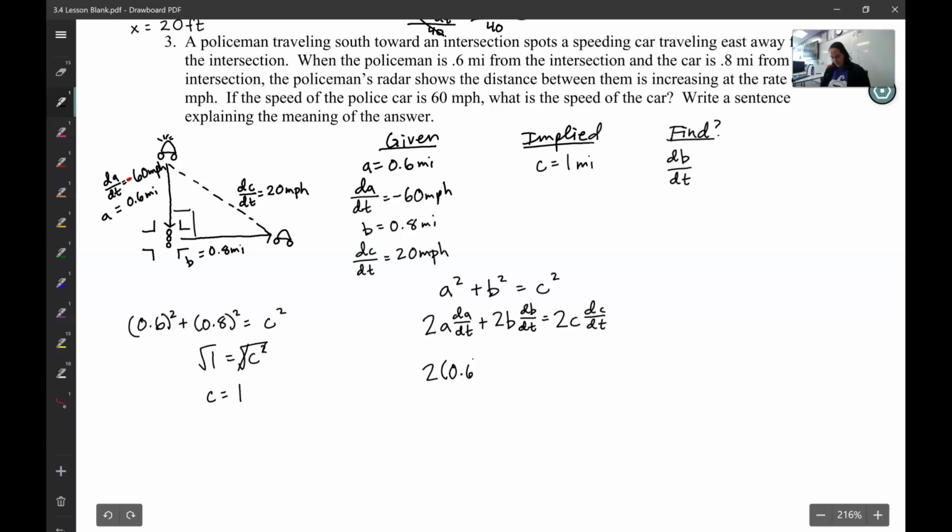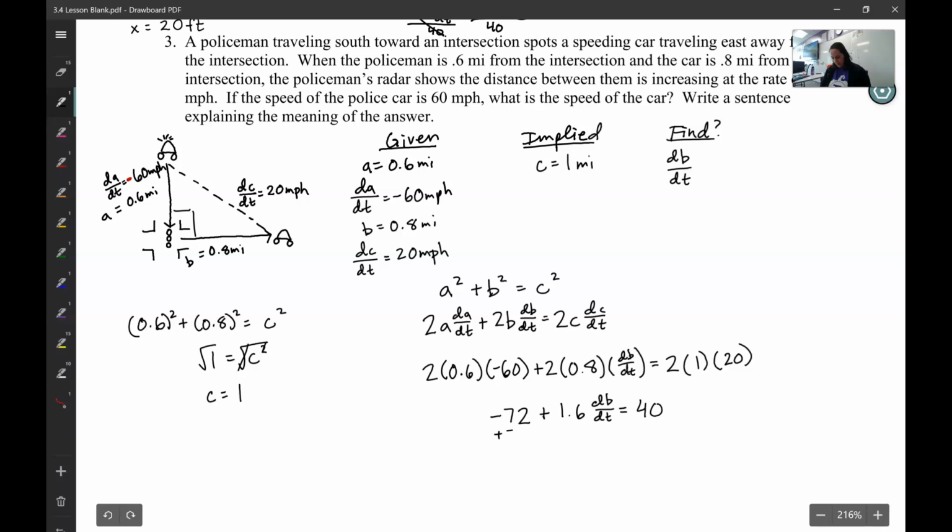2a is 0.6, dA/dt is negative 60, plus 2b is 0.8, dB/dt is what I don't know, and 2c is 1, dC/dt is 20. So if I simplify all that down, I'm going to get negative 72 plus 1.6 dB/dt equals 40.